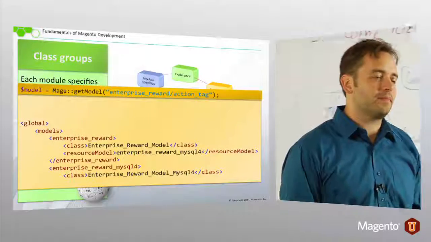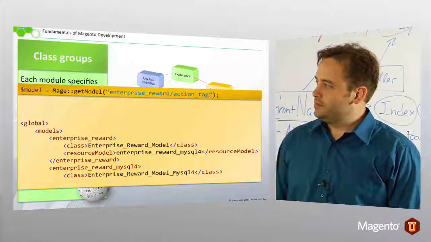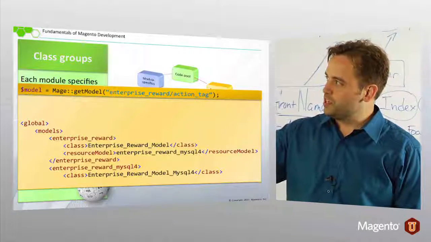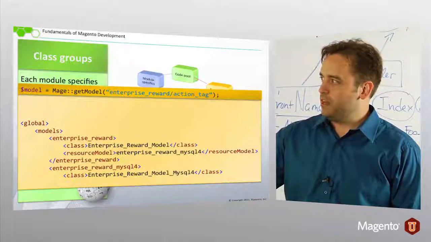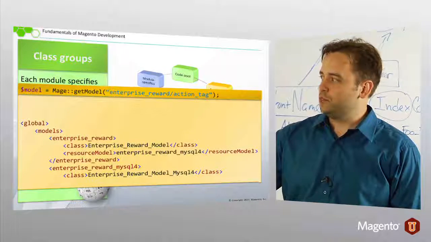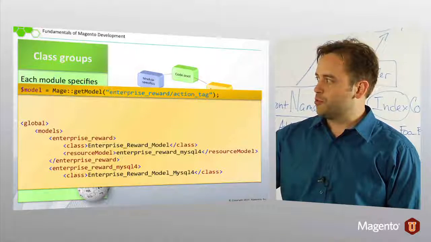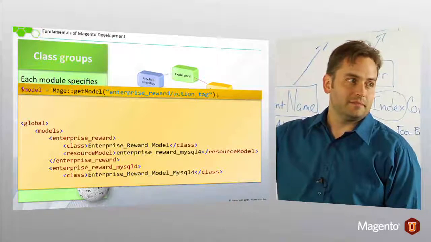That's our class group. And again, the system uses this to look up this node, and then in this node finds this class node, uses this value, tries to load enterprise reward model action tag. Okay?